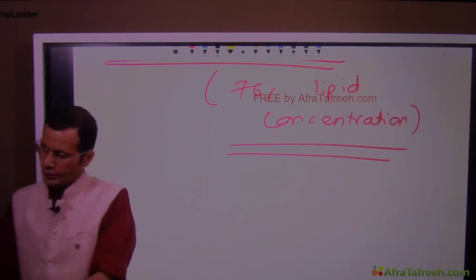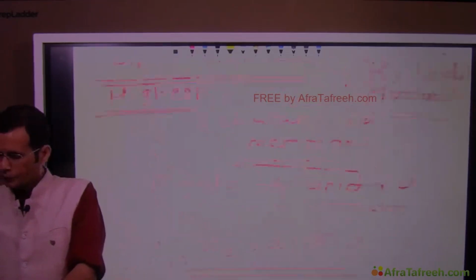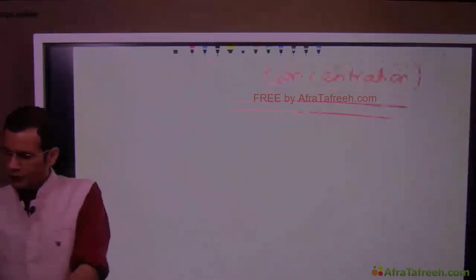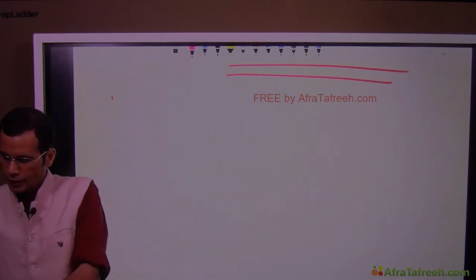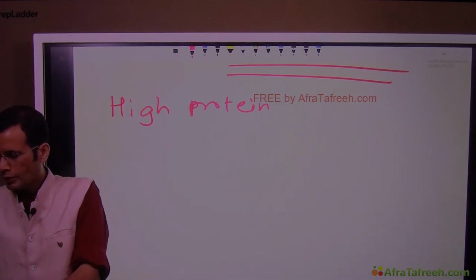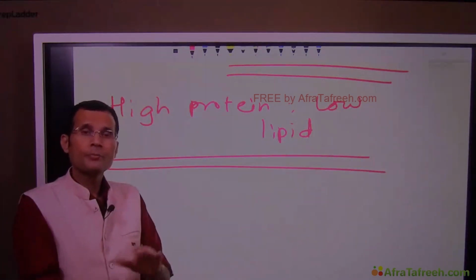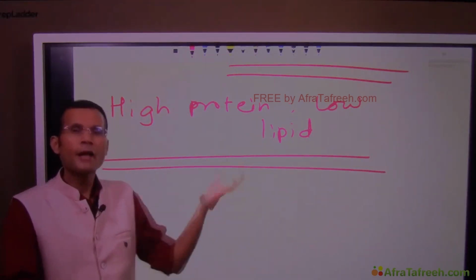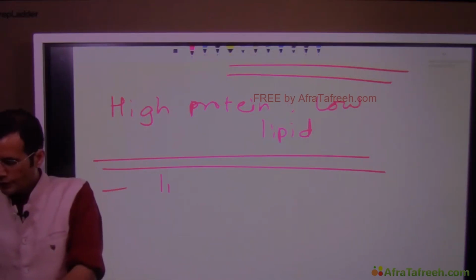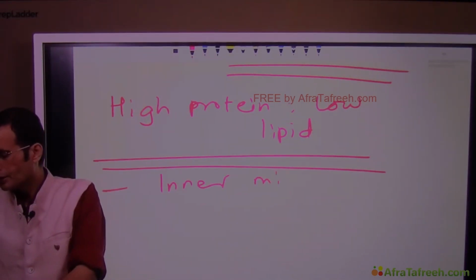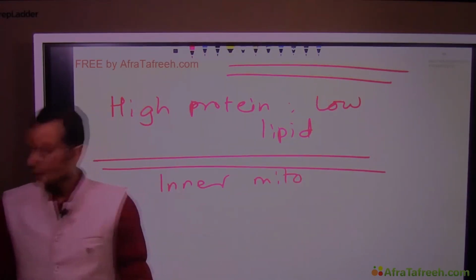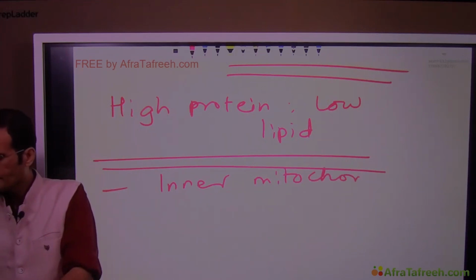That's the point. Okay, so highest lipid concentration, and then high protein and low lipid concentration. So now the ratio is reversed. Low lipids and high proteins. The most important example is the inner mitochondrial membrane.